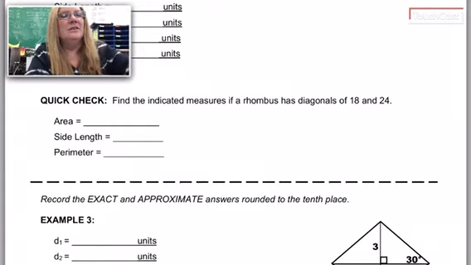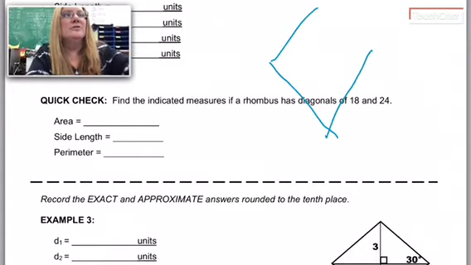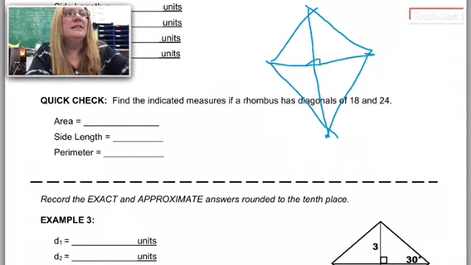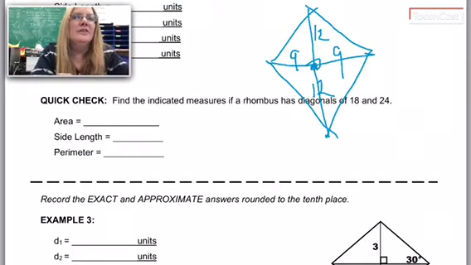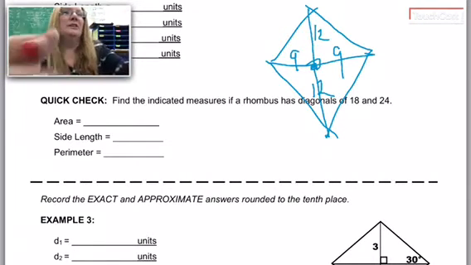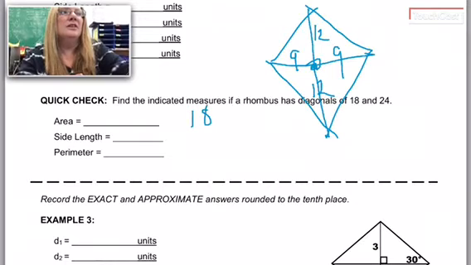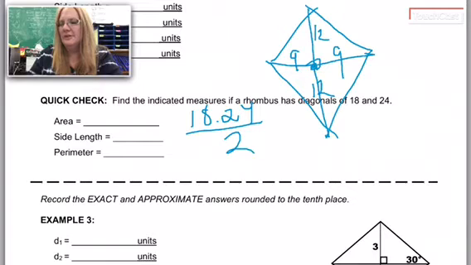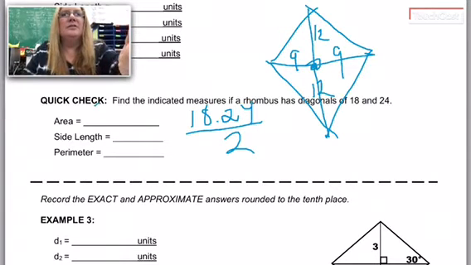So again, it's always helpful, I think, to kind of draw a picture, even if your picture is not very good. And I have diagonals of 24 and 18. So half of 18 is 9, so 9 and 9, and 24 is going to be 12 and 12. Okay, I can find the area real quickly because it's just diagonal 1 times diagonal 2 divided by 2. So I just use my calculator and I get 216.